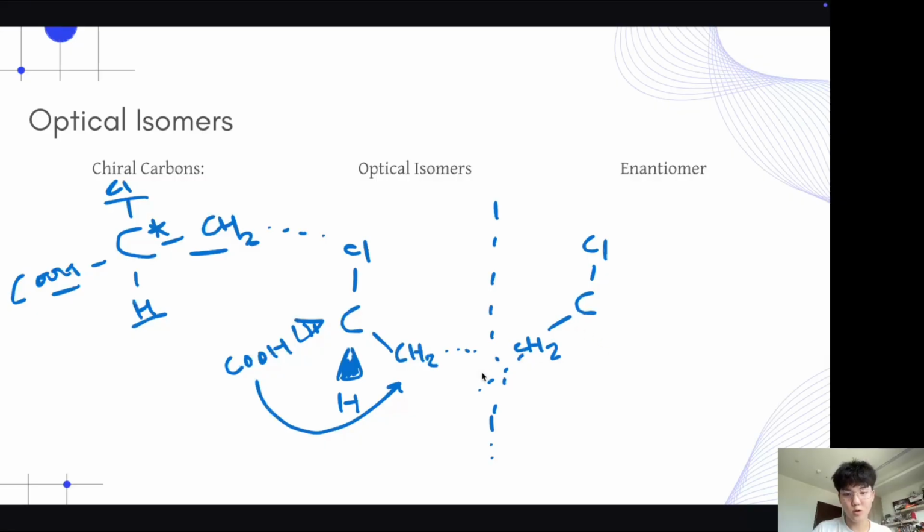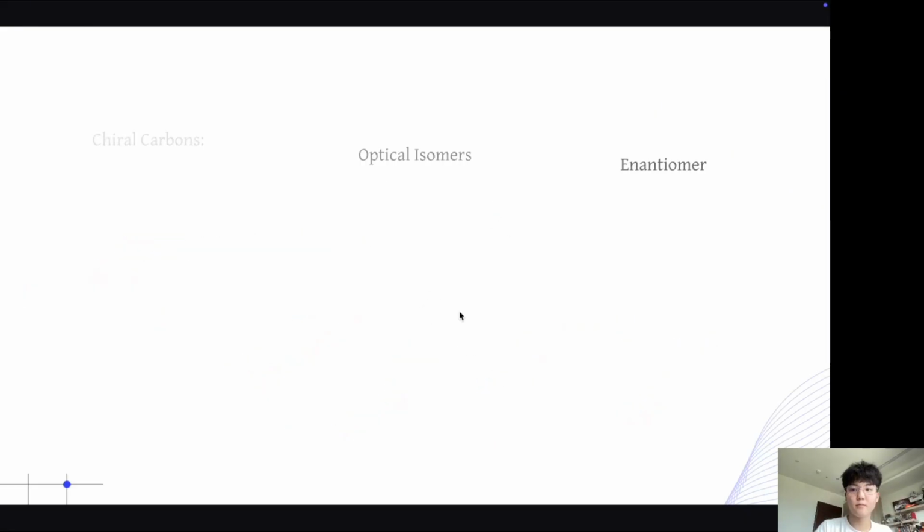So you wouldn't do rest of the molecule and then CH2. Here, now let's look at this side. They're all the same molecular formula. However, just the orientation is different. Now this is clockwise from carboxyl to CH2 and the rest of the molecule, different from this one. And that's what makes these optical isomers.